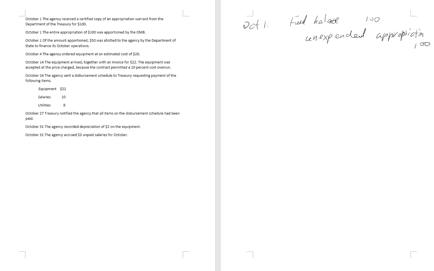Again, in the budgetary accounting work, we're going to record this allotment. Basically, we debit apportionment 50 and credit allotment 50, which means the agency now has 50 to spend. But for the proprietary, we don't have to record anything because we have not spent anything yet.